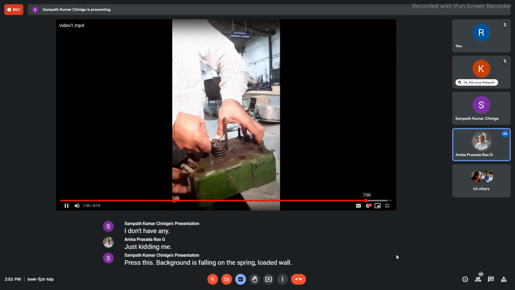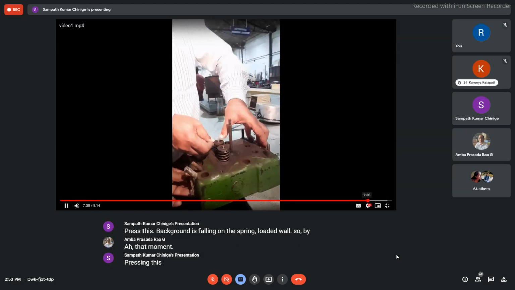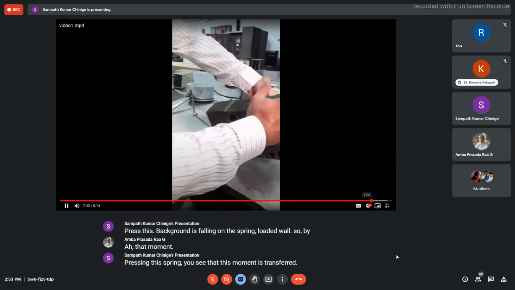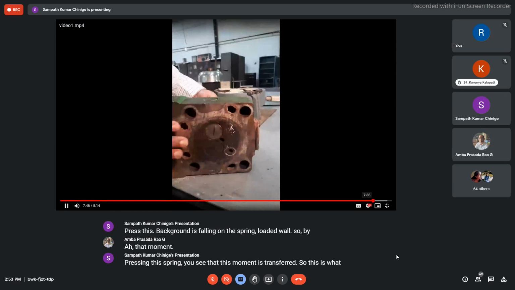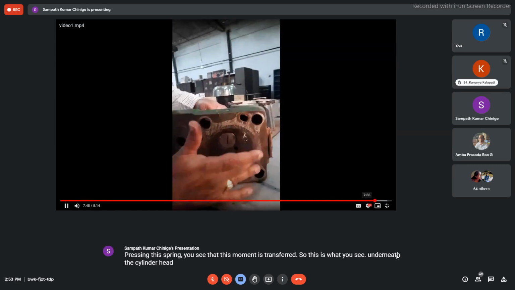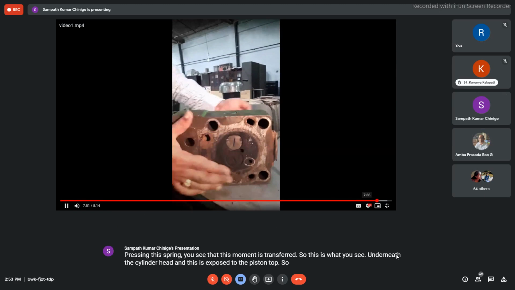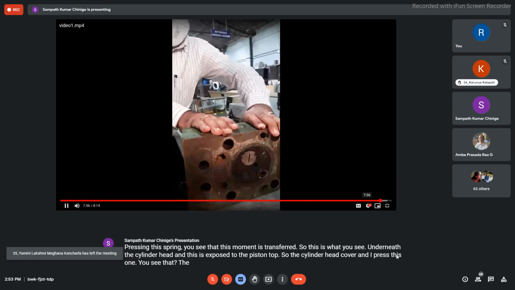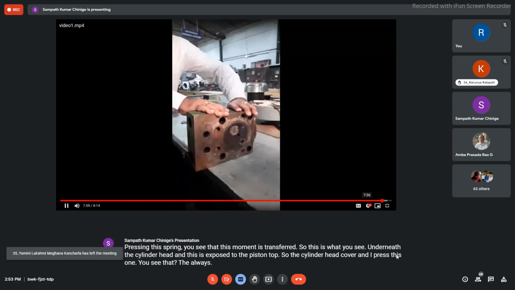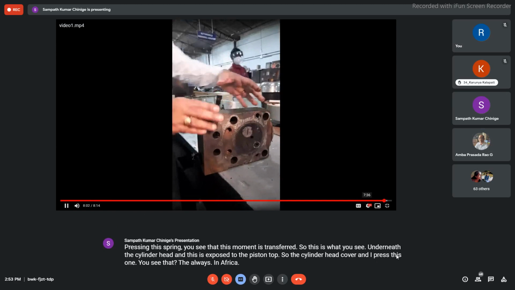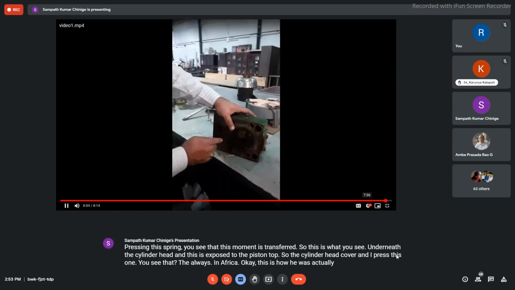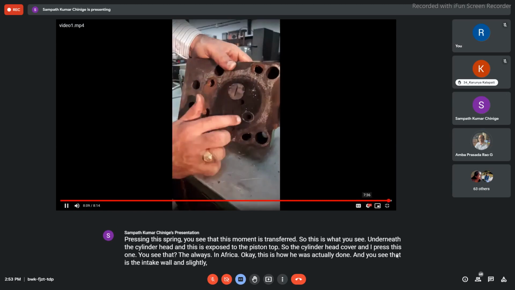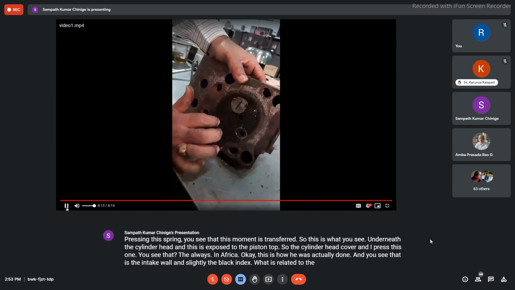So by pressing this spring, you see that this movement is transferred, and this is what you see underneath the cylinder head, exposed to the piston top. Okay, this is how the valve actuation is done, and you see that this is the intake valve, and slightly the black end part is related to the exhaust valve. Okay.